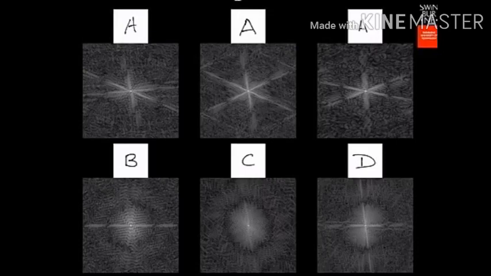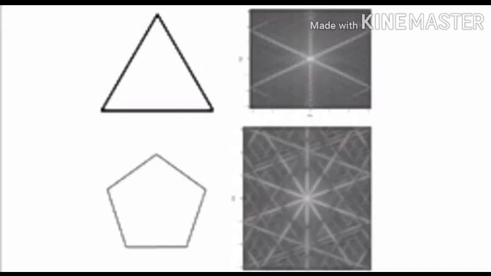From this, what we can infer is that different types of planes in a crystal, 100, 110, 111, will have a different kind of Fourier transform. So we will be able to know what kind of planes are present inside that crystal. This is another image, and the corresponding Fourier transforms are shown on the right.